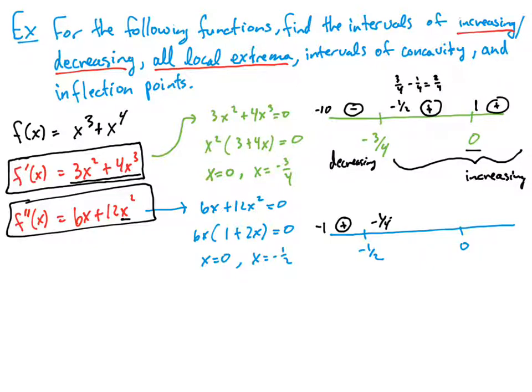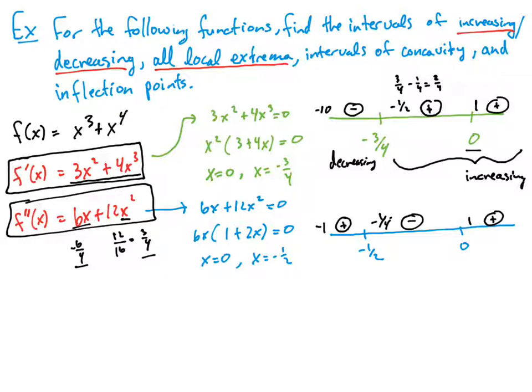So 1/16 times 12, I get 12/16, which is 3/4. And then substituting negative 1/4 into this term, negative 1/4 times 6 is going to be negative 6/4. So negative 6/4 plus 3/4 is negative 3/4, which is a negative value. And then choosing a value in the rightmost interval, anything to the right of 0, we can do 1. Again, every term is positive, so this will end up being positive in this interval.